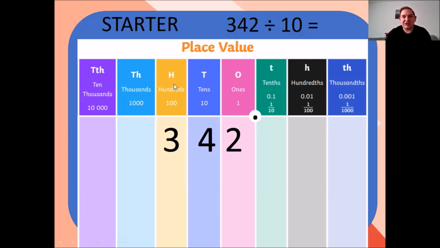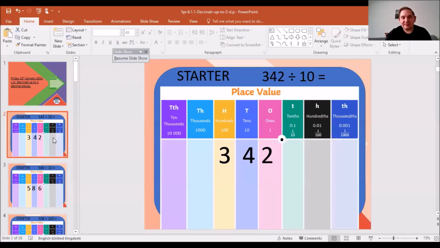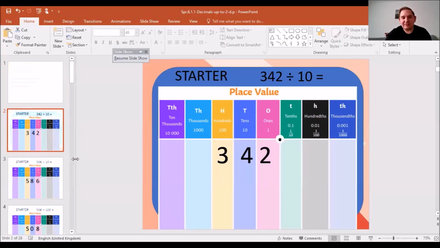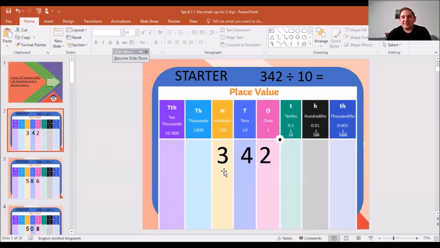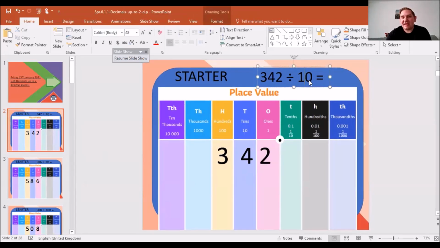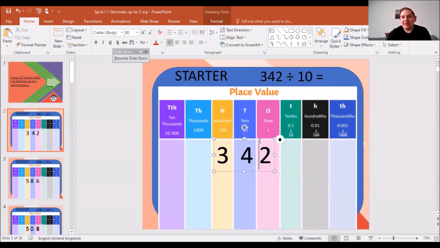So if I unshare and move over to a different screen, hopefully you've remembered that they move to the right, which means because 10 has 1 zero, those digits are all going to move one place to the right in our place value grid.